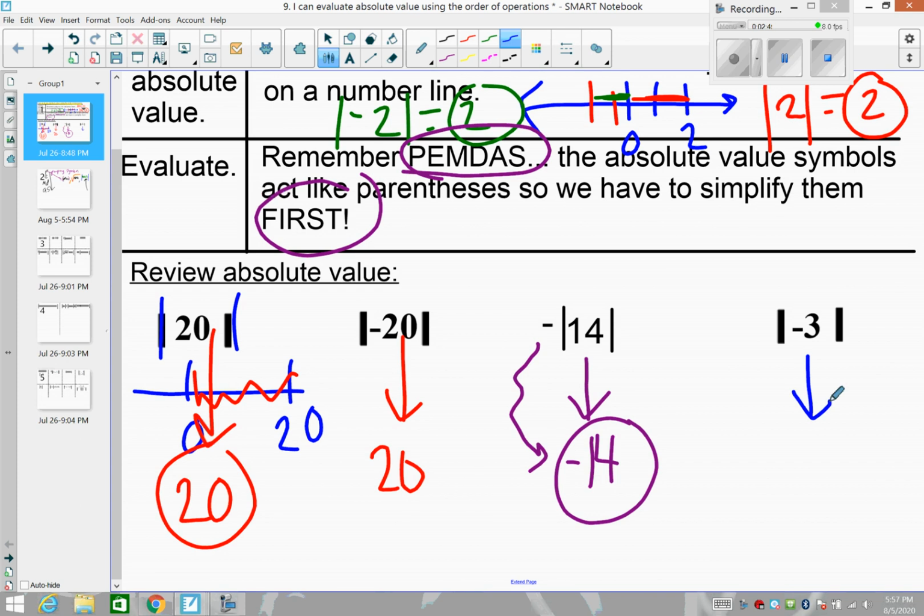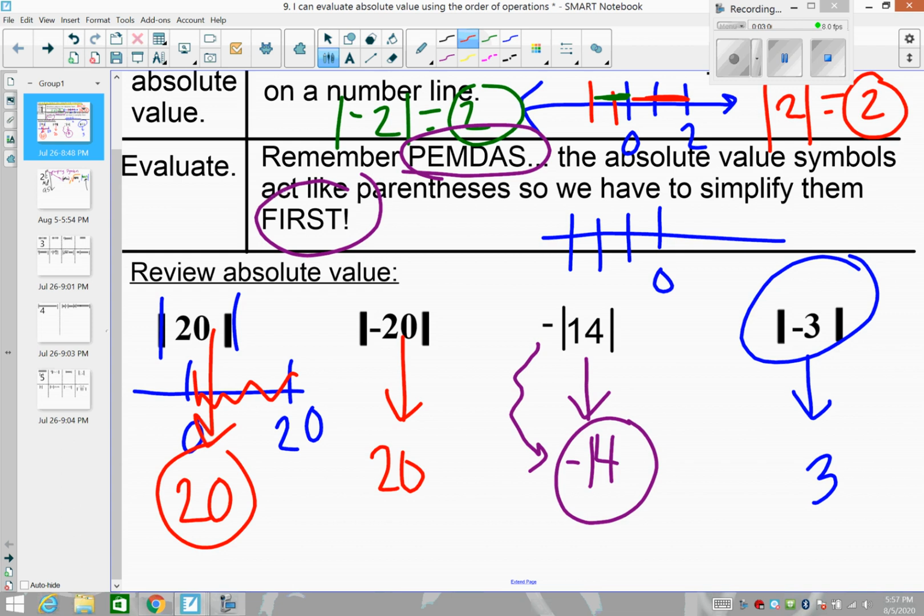And finally, how far away from 0 is -3? Here's 0, -1, -2, -3. We know that -3 is 3 units away, so the absolute value of -3 is 3. So that's a review on absolute value. So how do we do that in the order of operations?